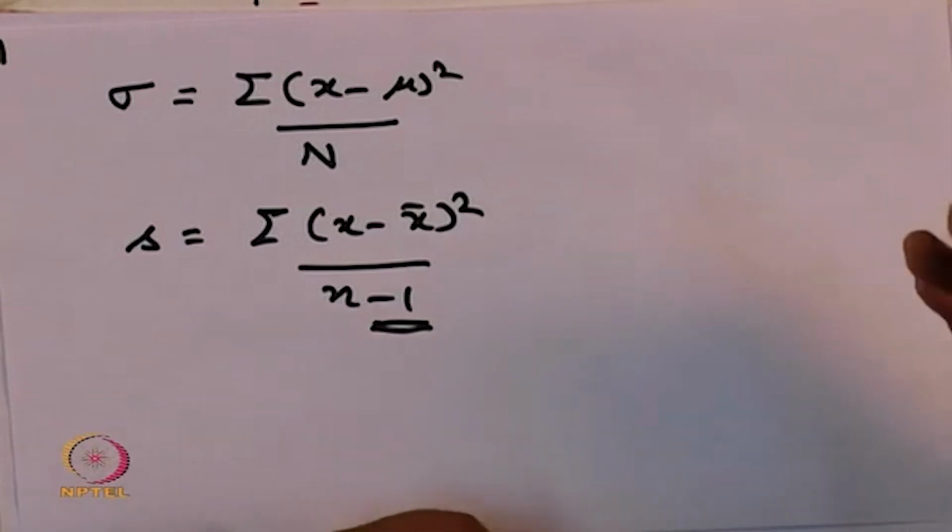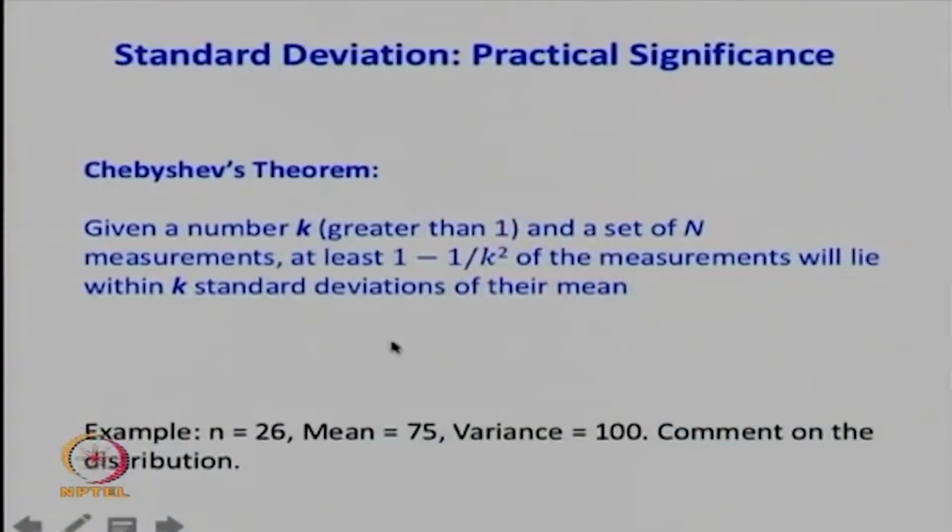So, what exactly is the practical significance of the standard deviation? This we had discussed in last class, and it is what Chebyshev's theorem tells us. It says that given a number k greater than 1 and a set of n measurements, you are guaranteed that at least 1 minus 1 by k square proportion of the measurements will lie within k standard deviations of their mean, right.